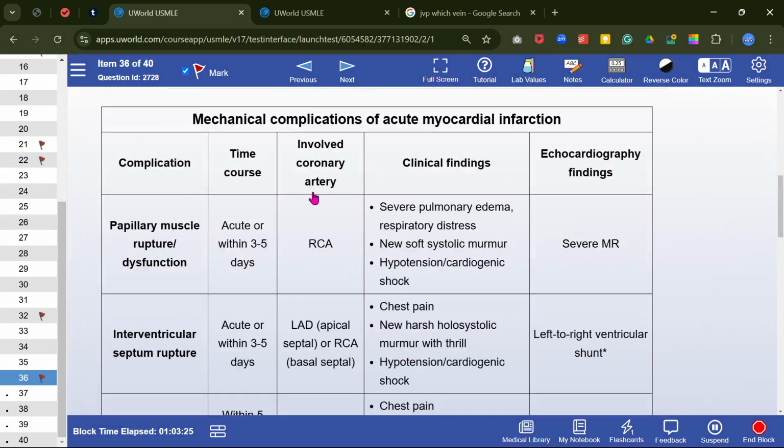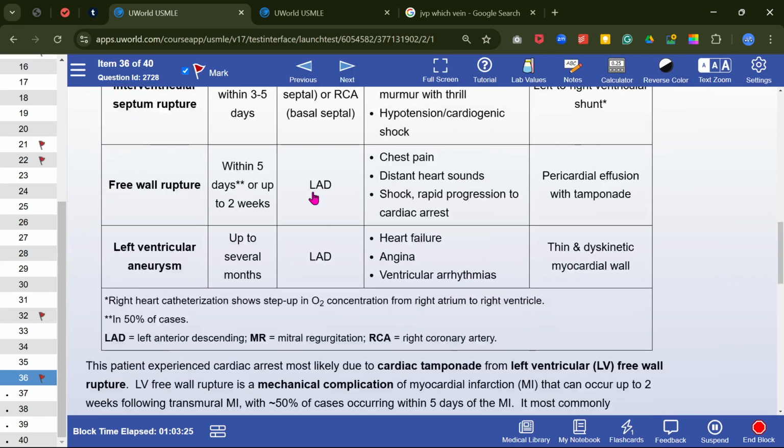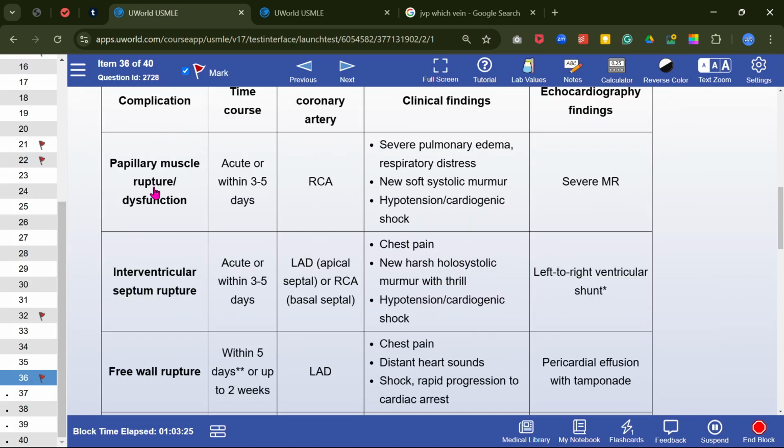Okay, this box can be remembered like this: the complications, you can remember as PITFALL. Have you played the game Pitfall in your early days?